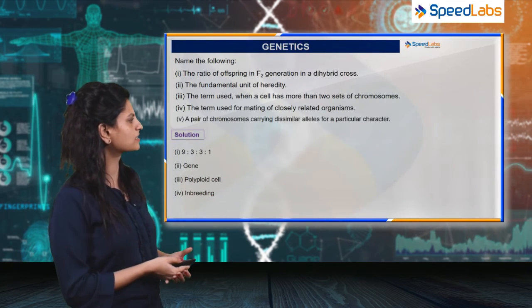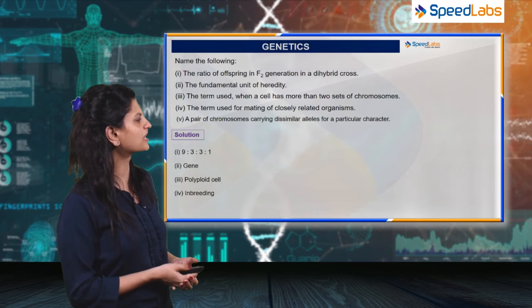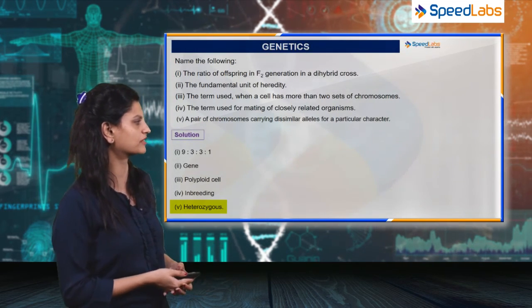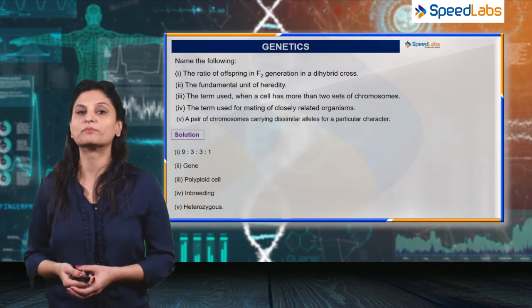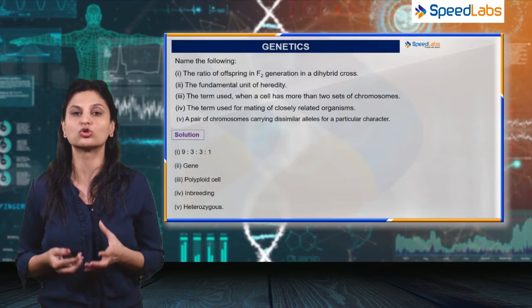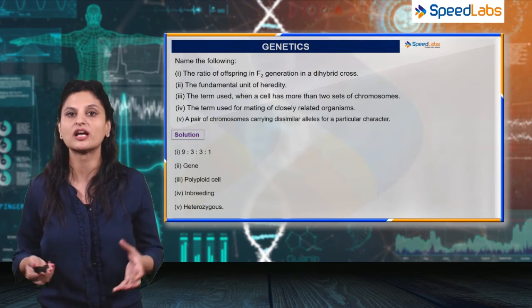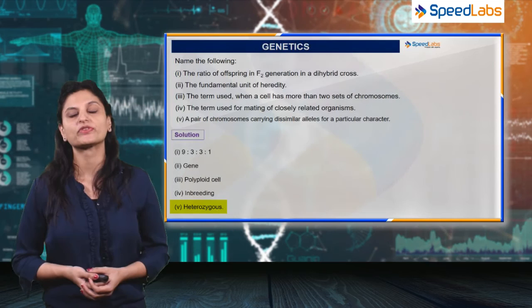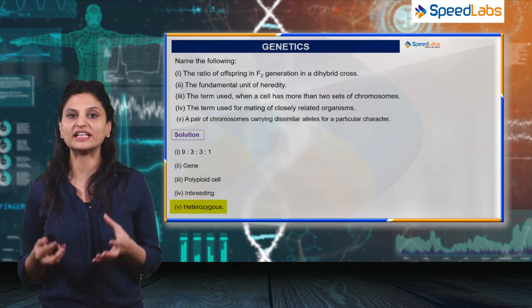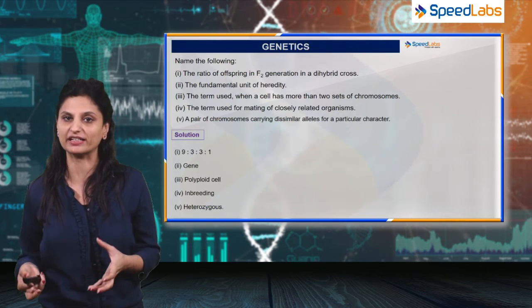And the next one is a pair of chromosomes carrying dissimilar alleles for a particular character. Now we know that Mendel had used certain terminologies in genetics like heterozygous, homozygous. What do you understand by the term heterozygous? We know that each gene has got 2 alleles.